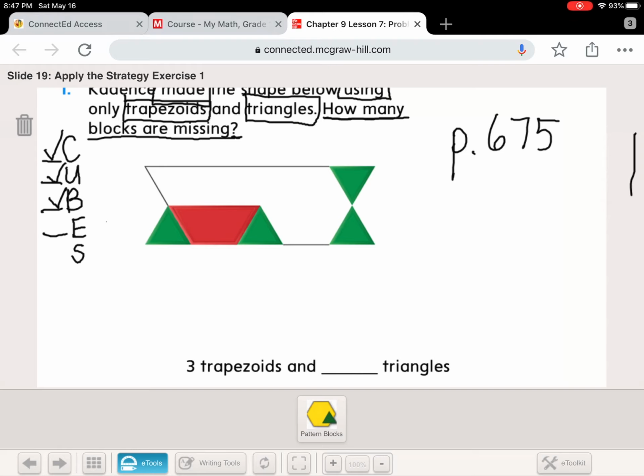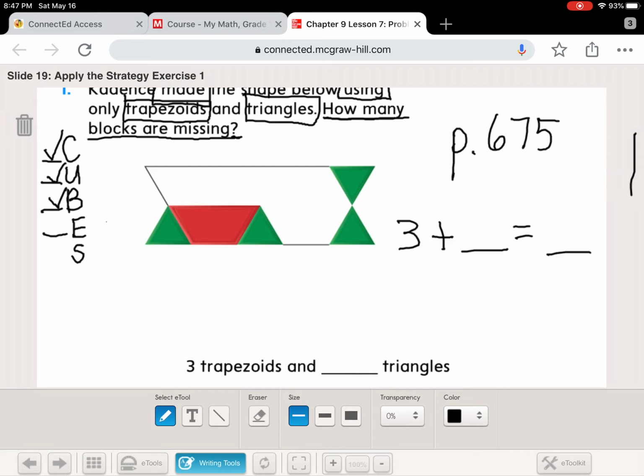So that's what we're looking for. They didn't say it in the problem, but down here it says 3, doesn't it? So we know it's going to be 3 trapezoids plus some triangles equals our total number of shapes.